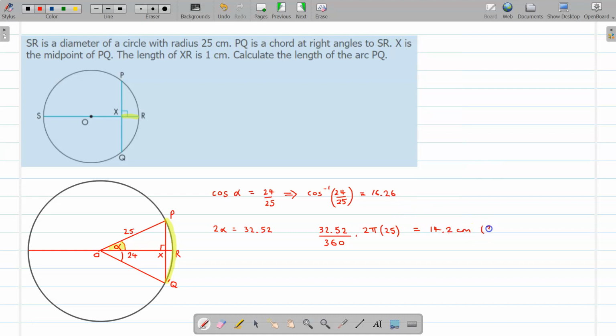So it's quite a complicated problem with several stages involving trigonometry, but also involving circles and the arc length of a circle when you're given a fraction of the total of 360 degrees. So that's how I would answer that problem. You don't have to draw this extra diagram, but it just helps to put things in perspective.